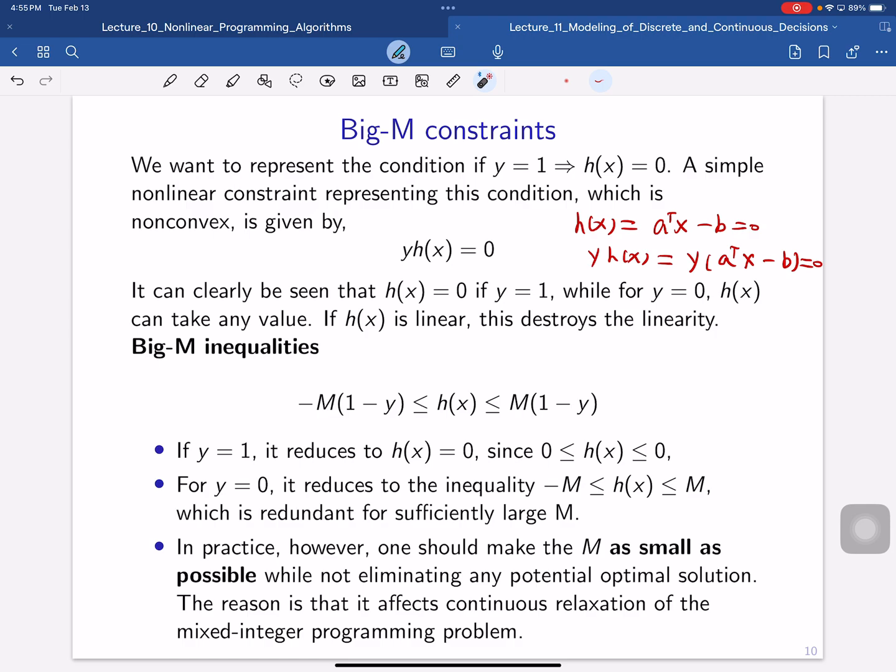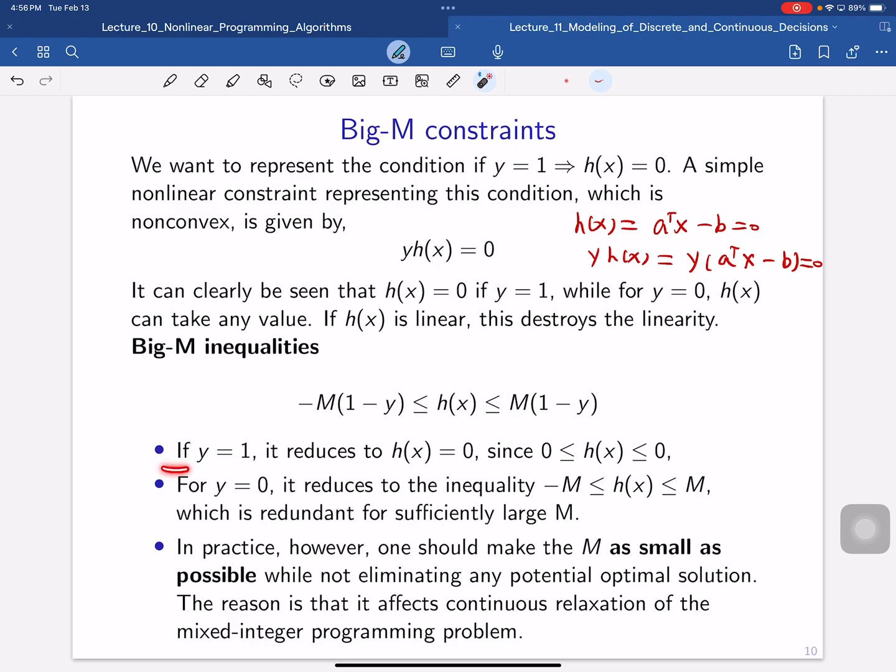The way it works is the following. You have h(x) here, and then you have a parameter M. This is the so-called big M parameter in mixed integer programming. On both sides of the equation, you have minus big M times (1 minus y) and M times (1 minus y). Let's check what happens in two scenarios.